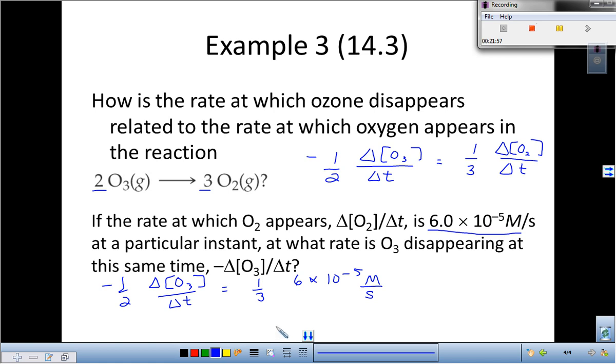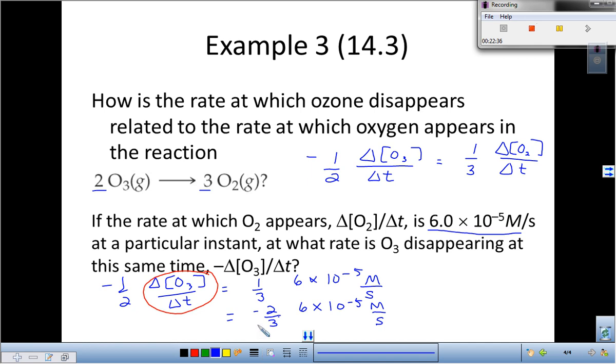Don't grab your calculators. Let's rearrange. What's the question asking me for? The rate of O3. I want to find this. So what do I have to do to get this by itself? Multiply by negative 2. I've got to move this over here, right? So I can say this is equal to negative 2/3 times 6 times 10 to the negative 5 molar per second.